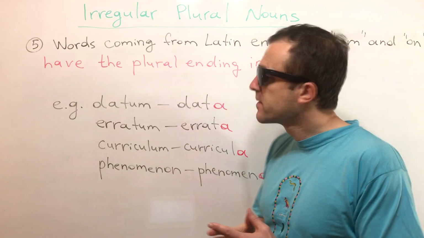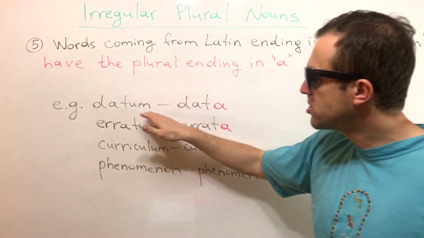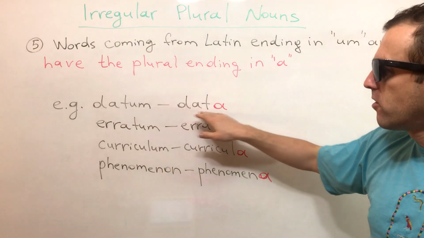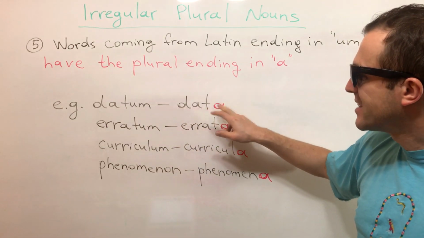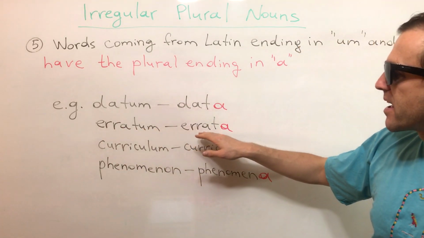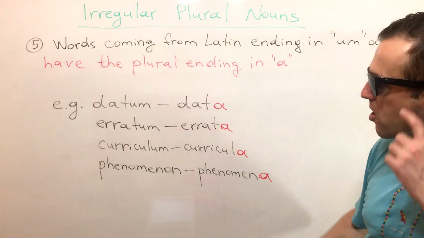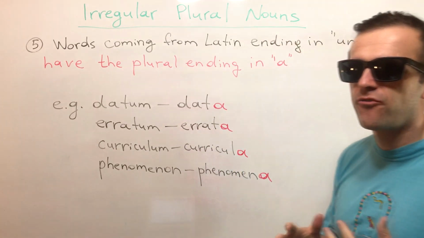For example, datum, it's an item of information, and the plural form is data. Erratum, errata. So erratum is a typo, sort of a mistake.